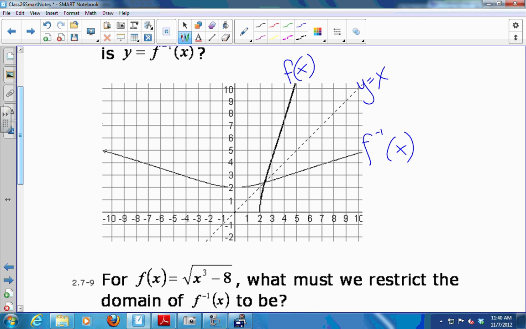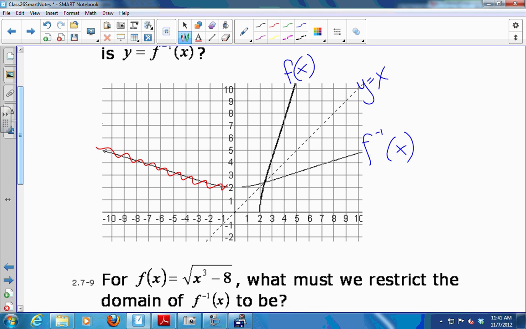Now, what do you notice about f inverse of x if I were to do, say, the horizontal line test? It wouldn't pass. F inverse of x wouldn't pass the horizontal line test. So in order for this graph to really be an inverse of f, I would have to get rid of this piece of the graph.